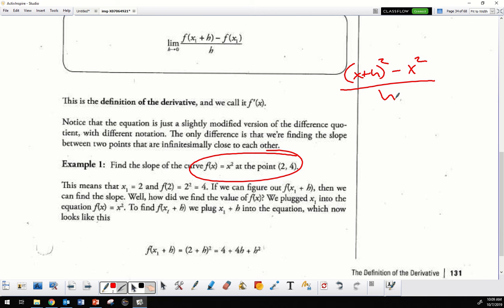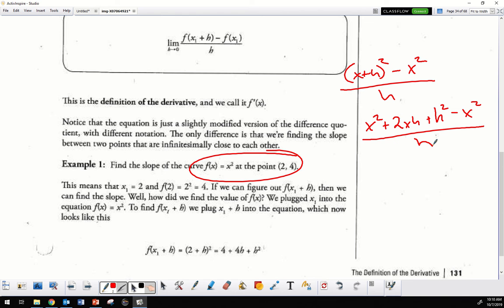At this point in your mathematical career, you should be able to do this without having to do all your FOIL. It would be x squared, plus 2xh, it's 2 times these two multiplied together, plus h squared, minus x squared, all over h.